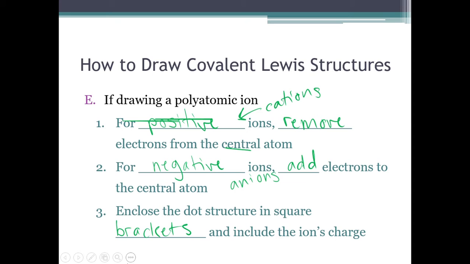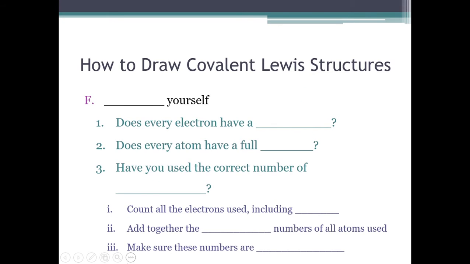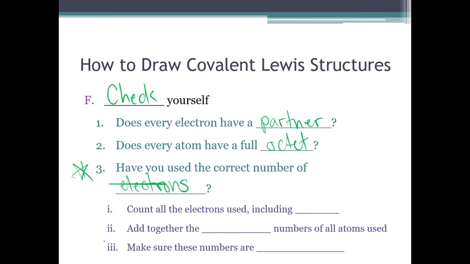And then the last thing you need to do once you've drawn your structures is check yourself. You need to make sure, does every electron have a partner? Does every atom have a full octet? And have you used the correct number of electrons? This one at first will seem really obvious, and then we'll see some exceptions that show you that this is not always super clear.